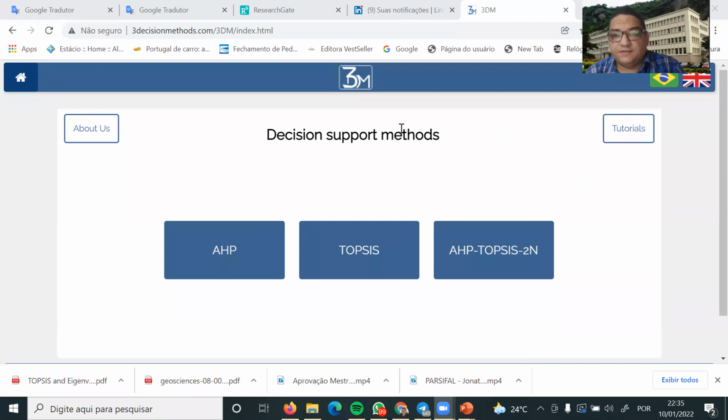So first, you have to choose the method that you want to use. Analytical hierarchy process. Another time, I will give you a class about analytical hierarchy process.